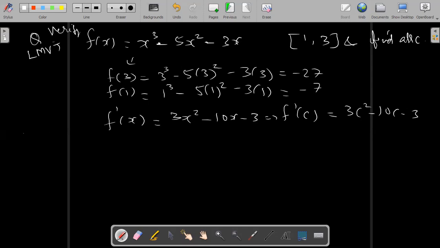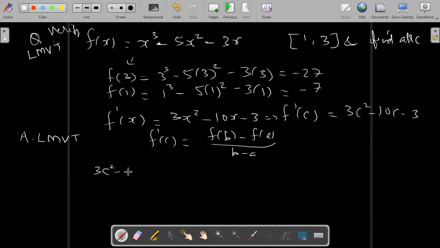So according to LMVT, f dash c will be equal to f(b) minus f(a) upon b minus a. F dash c is 3c square minus 10c minus 3, so you will get one equation that you have to solve. f(b) is minus 27 plus 7, divided by b minus a, which is 3 minus 1, 2.